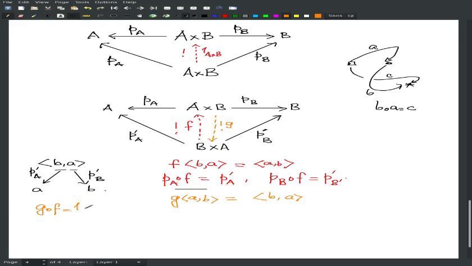So this is the identity of B cross A. And F composed G is also the identity of A cross B. Well, this is fine, but I am trying to enforce this diagram argument. I am trying to say something here.